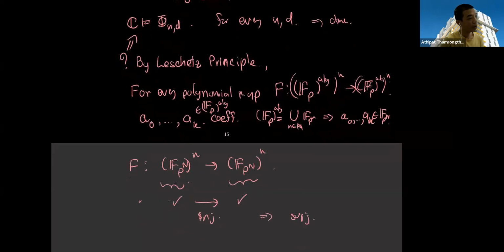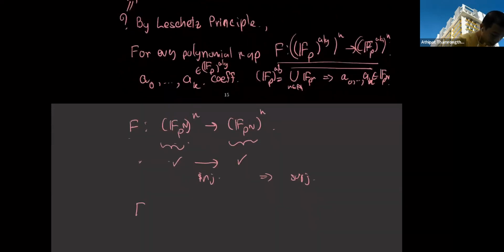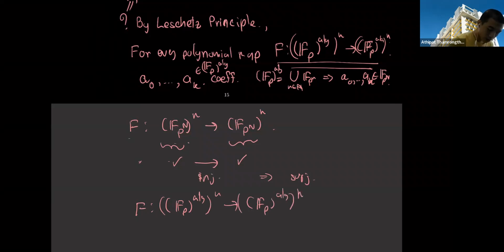Then you can extend it back to the whole thing, and you get that f as a function from the algebraic closure of F_p to the n is also surjective.